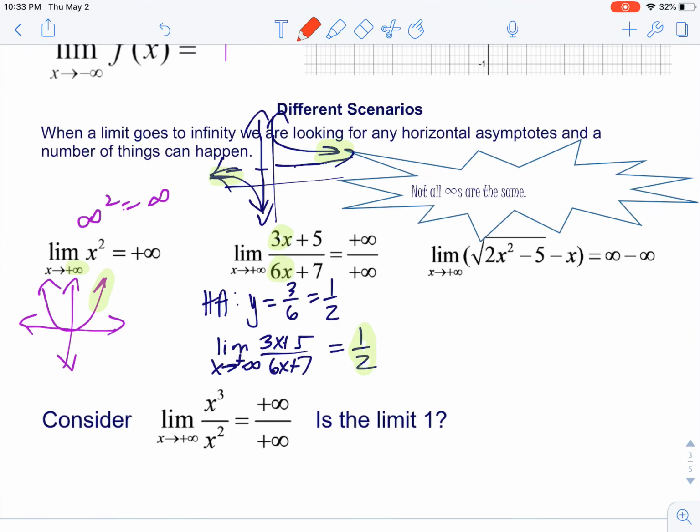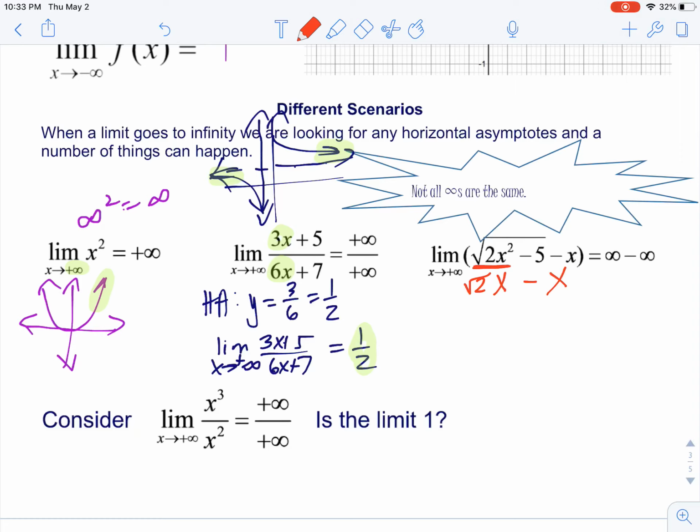Okay, for this one, if I'm thinking about the limit as x approaches infinity, let's say you took the square root of this, we're going to get the square root of 2x if we just look at that part. The 5 is a little bit insignificant, so we're just not going to worry about that for now.